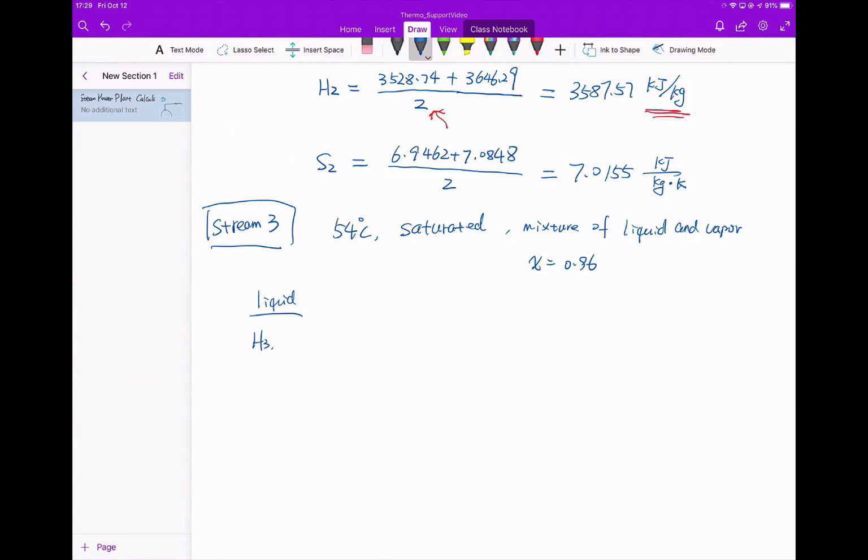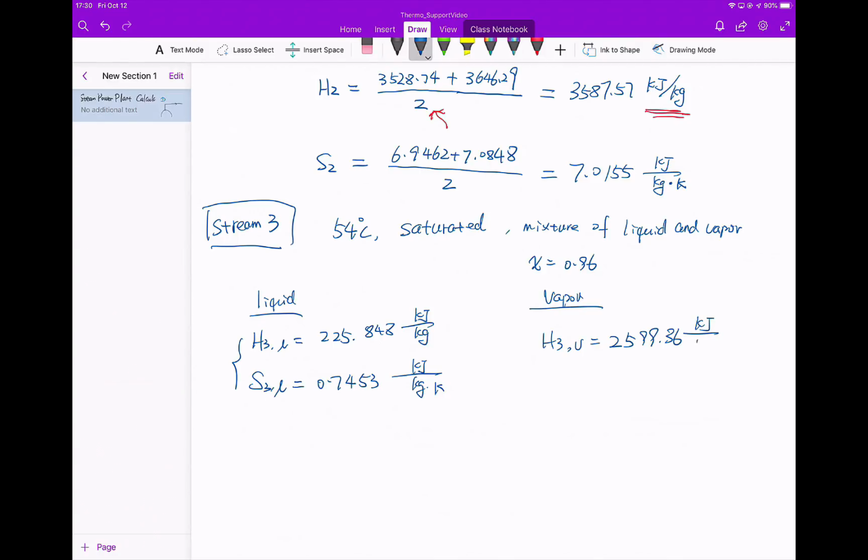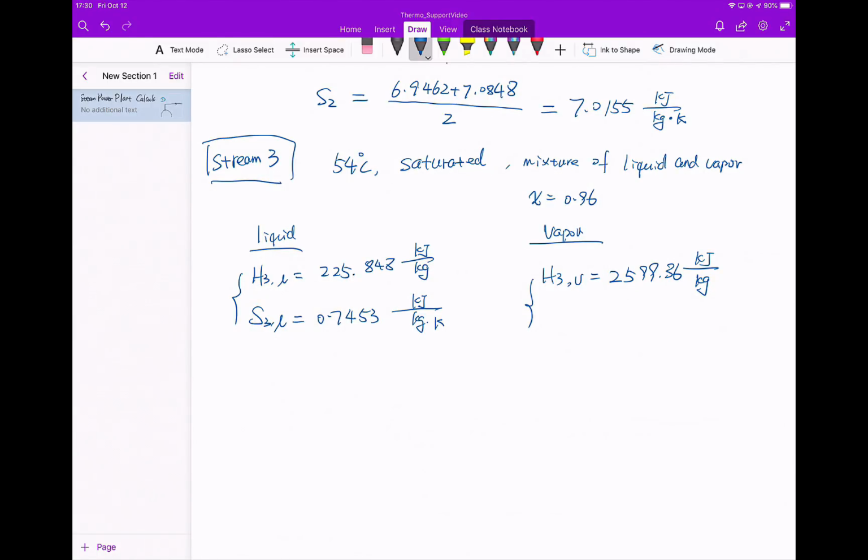their H3 of the liquid would be kilojoule per kilogram. S3 of the liquid would be kilojoule per kilogram Kelvin. Vapor, H3 of the vapor should be much larger than the corresponding liquid. This is why vapor is always useful for any heat supply.